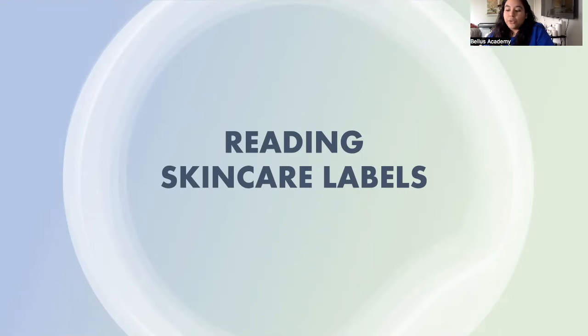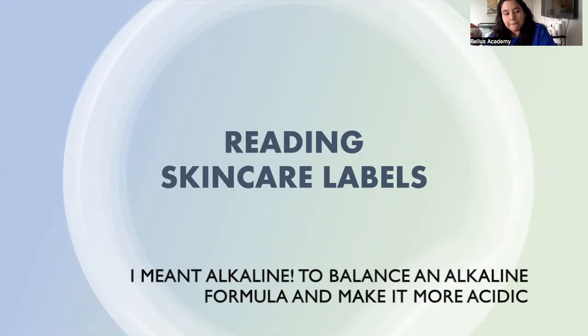Sometimes people use lactic acid to balance the formulation, and citric acid is another pH adjuster that is used commonly. These are not used as exfoliants; they are used to bring a formulation that is too alkaline back down to the more acidic scale, since the skin is slightly acidic. So it's going to help balance that pH.